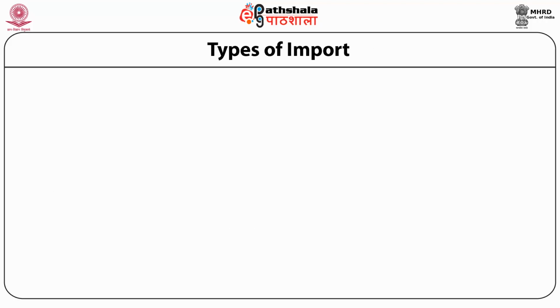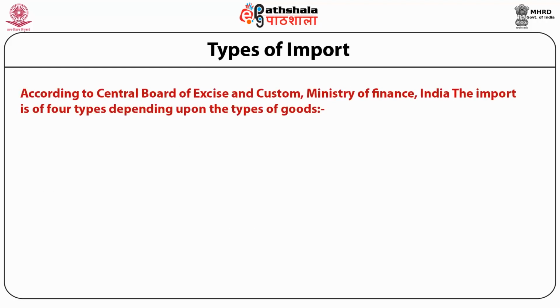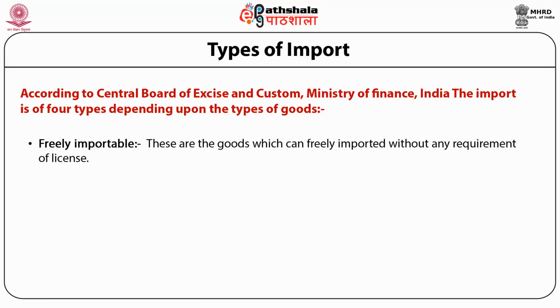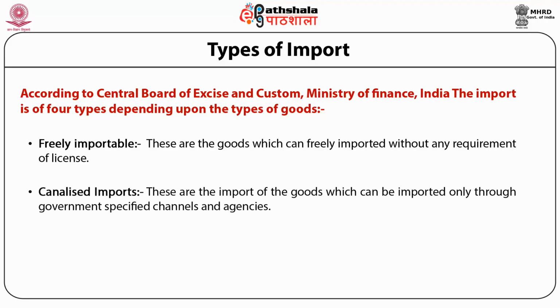Types of import. According to the Central Board of Excise and Customs, Ministry of Finance, India, imports are of 4 types, depending upon the types of goods. First is freely importable. These are the goods which can be freely imported without any requirement of license. Second is canalized imports.